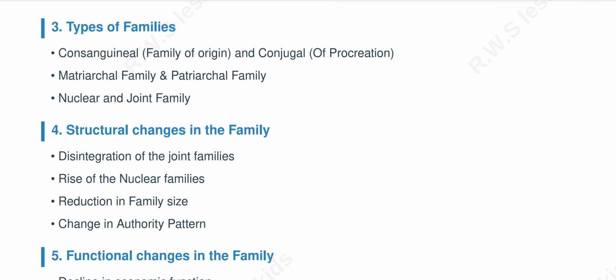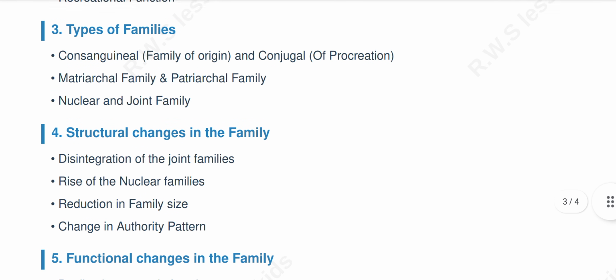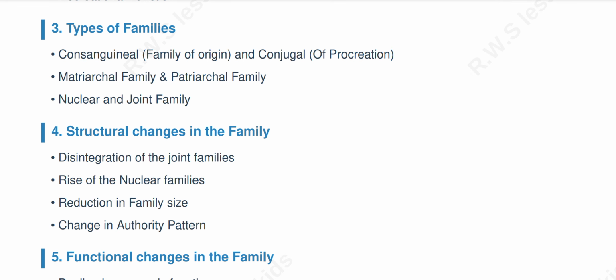These are very small notes, basically for revision purposes. So I want you to write the differences of consanguineal and conjugal, then matriarchal family, patriarchal family, nuclear and joint family. I want you to write all this in a proper form.